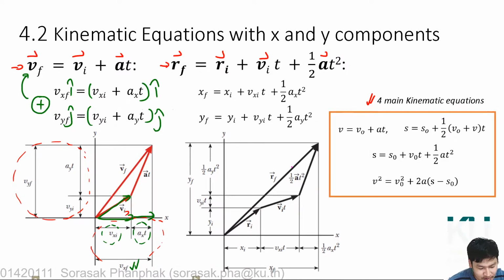So you broke the component down along the x-axis. How about the component along the y-axis? These are components in y, and here y. When you sum all these up, you get the final velocity in the y-axis, and the sum of vy and vx gives you vf.